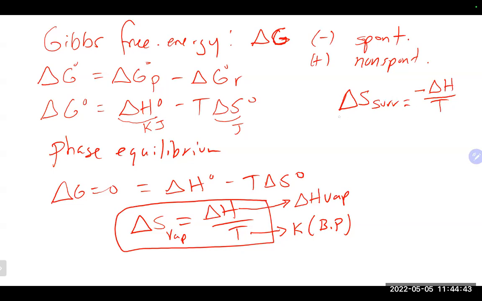So remember that if you are doing the delta S of the surroundings, there was that opposite relationship in terms of the energy being released to the surroundings and the sign that we would expect. Sometimes people want to throw the extra negative into these type of problems. But really, the only time you should throw the negative in there is if you're doing the surroundings part. Any questions on any of that stuff there?